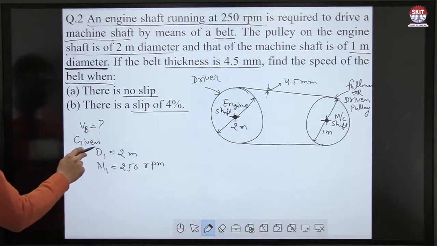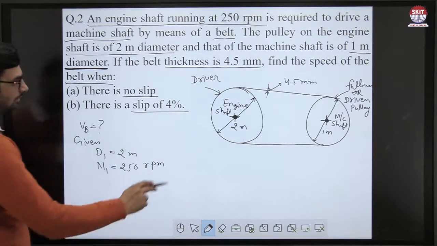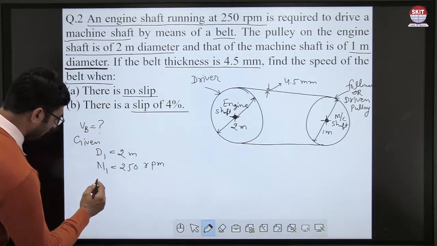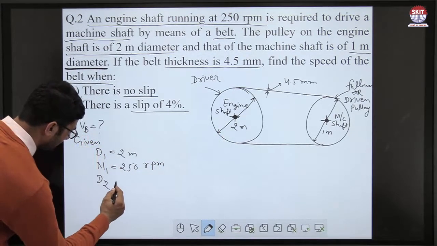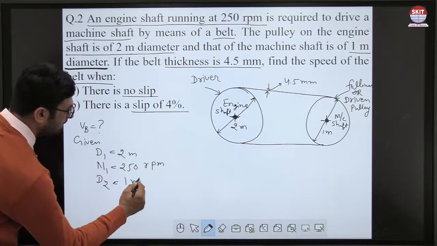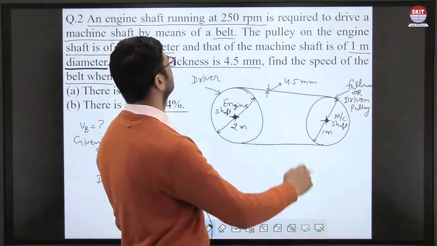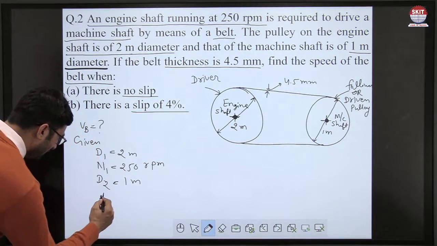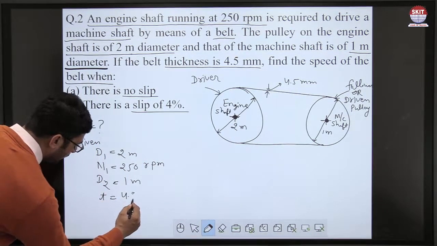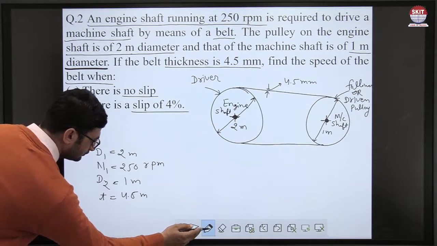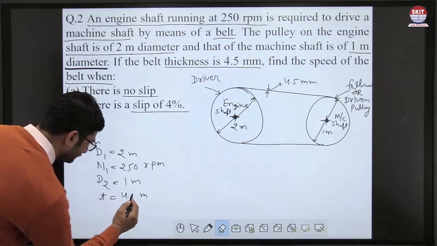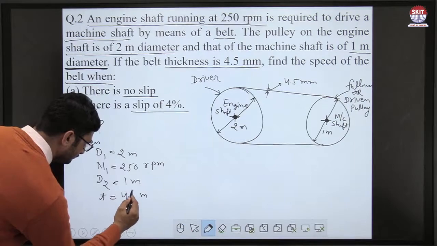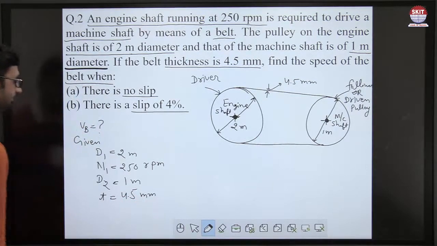So the D1 and N1 values are given, and the value of D2 is equal to 1 meter, and t is given in the question as 4.5 millimeter.